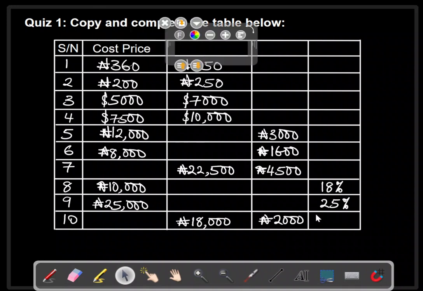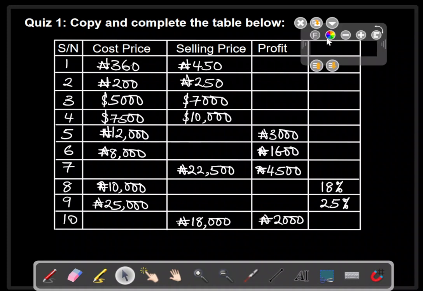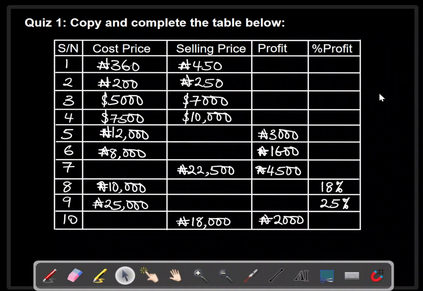That's the cost price, and then we have our selling price, our profits, and then our percentage profit. So this is under profit. The first quiz is for profit. You have to copy and complete the table below. You have to fill in the missing spaces.